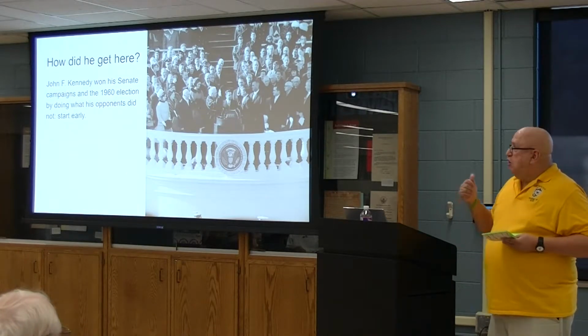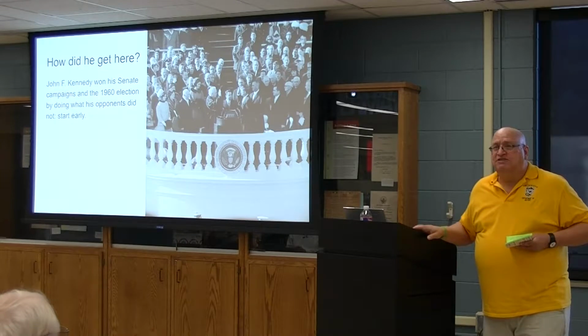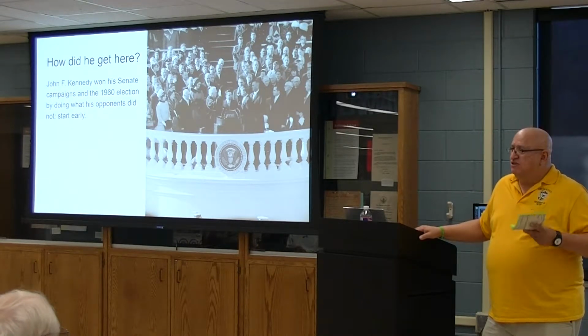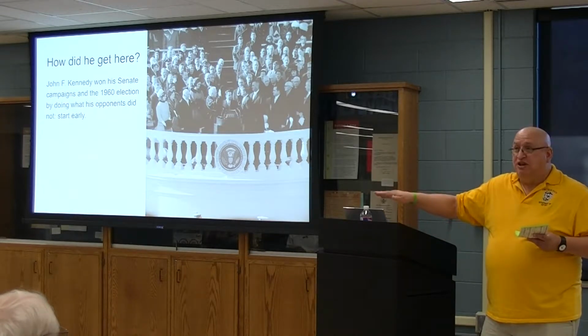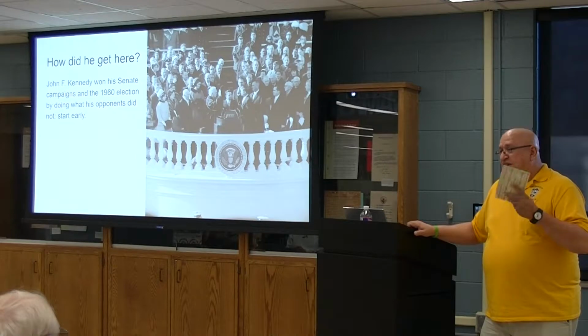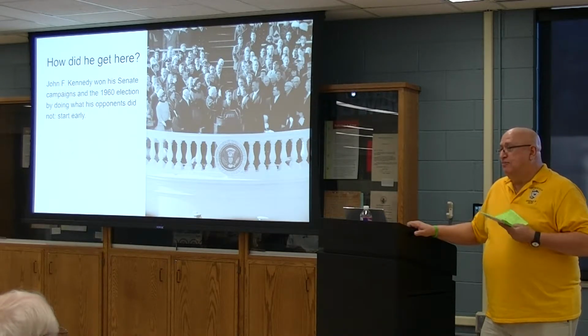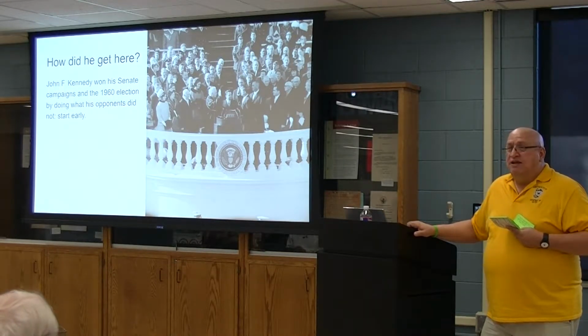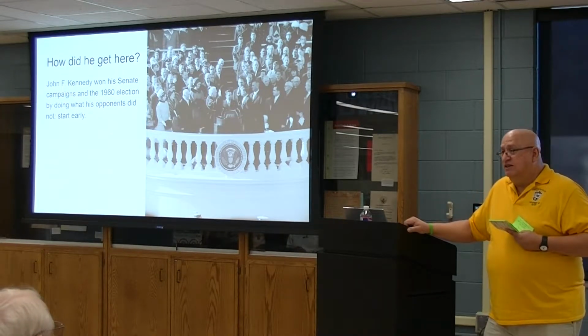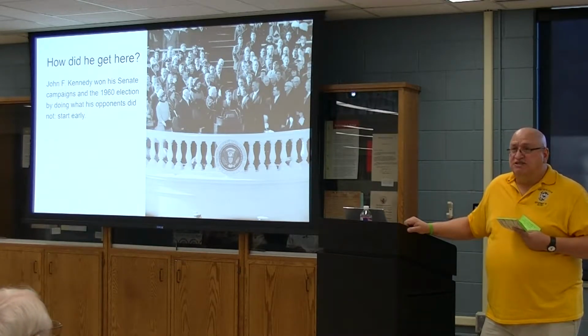So Joe Kennedy, the father, goes to LBJ, who's still recovering from his heart attack, and Dwight Eisenhower is still in the hospital, and says, hey, you run for president and put my son on the ticket with you, be your vice president. Now, there's no proof that LBJ took this seriously, but what it did do was spark an interest in Kennedy to consider running for the presidency.